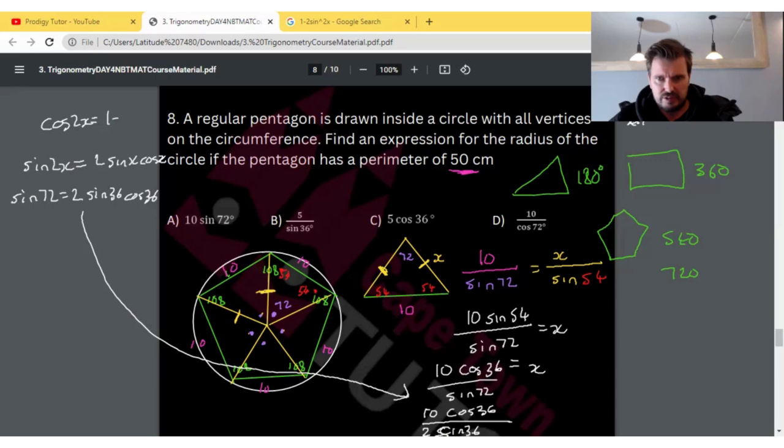And notice the cos 36 cancels. We're left with 10 over 2 sine 36. So the 10 and the 2 cancel, and we get 5 over sine 36, which is B.